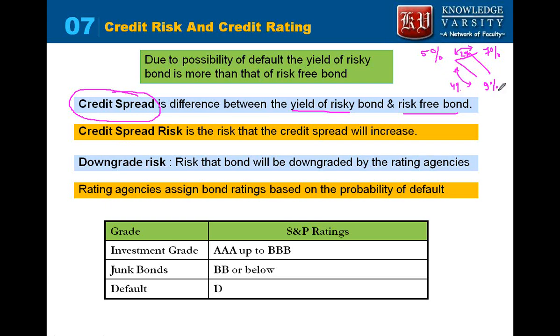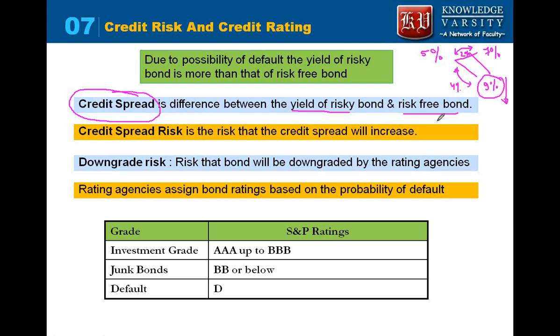So what can be said about the price? Since this yield is more, the price will be lesser. So its price is lesser than this price. As a result, I can say that a larger credit spread will mean a decrease in the price.